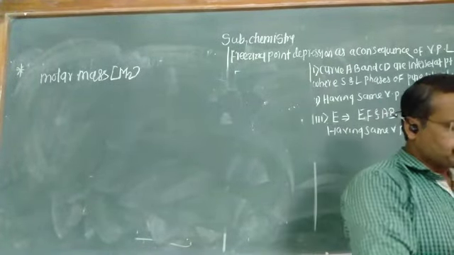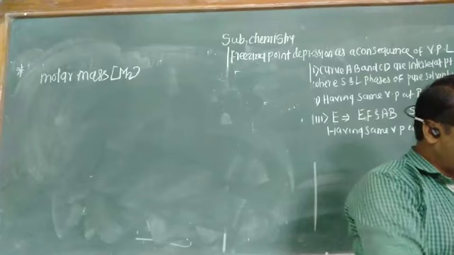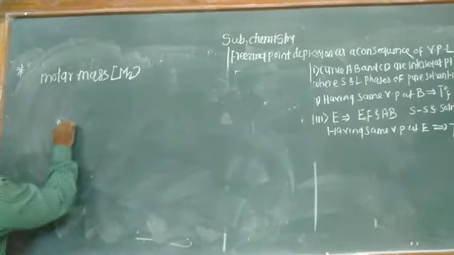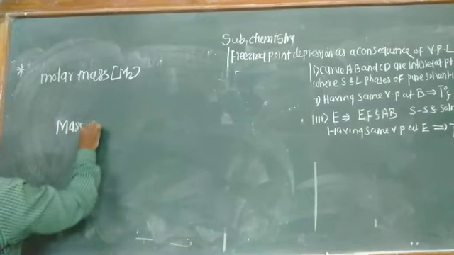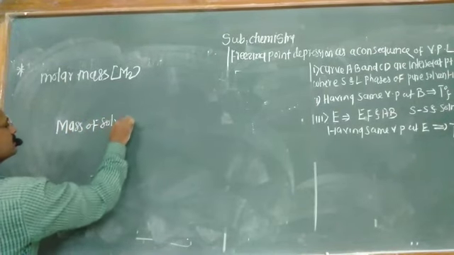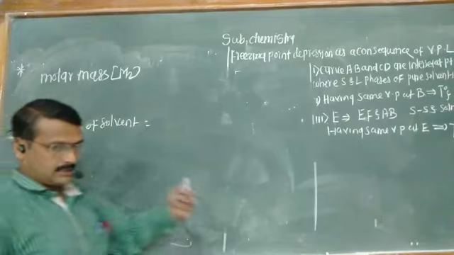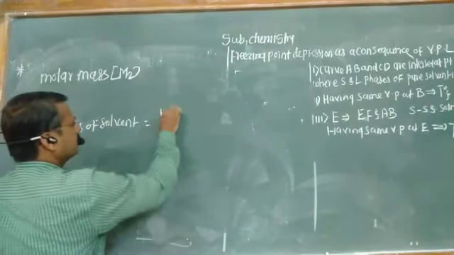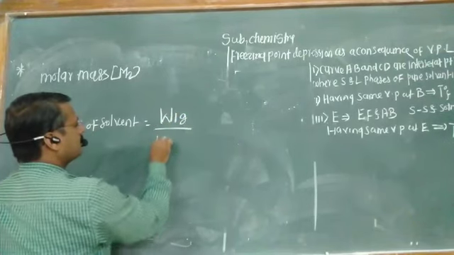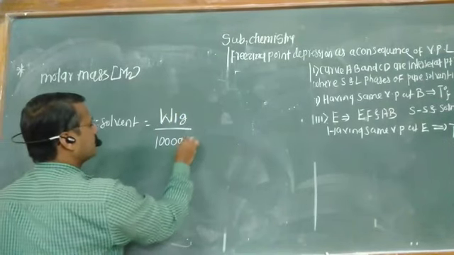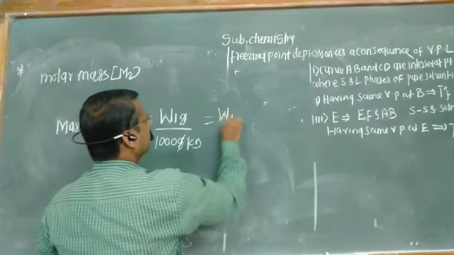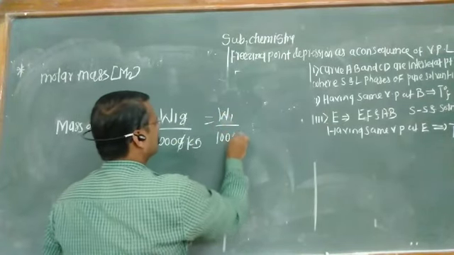त्याच्यामध्ये आपल्याला एक किंमत आपण काढली होती, आठवत असेल तर बघा, मास ऑफ सॉल्व्हंट. मास ऑफ सॉल्व्हंटची किंमत आपण काढली होती, ती लिहून घेतलेली होती, W1 gram divided by 1000 gram. This gram gets cancelled. Here it is W1 divided by 1000.